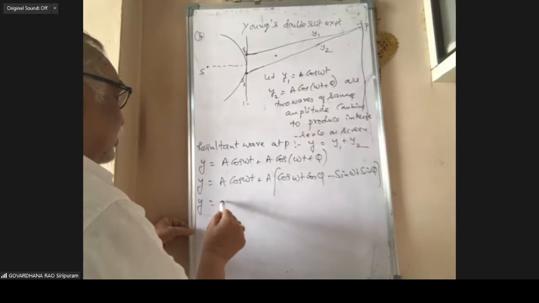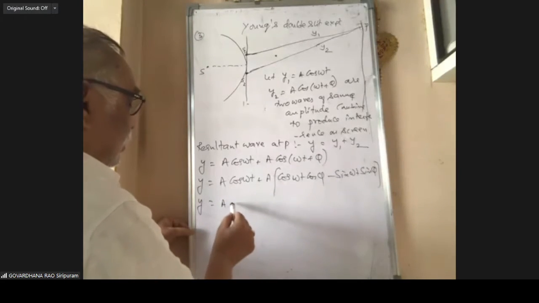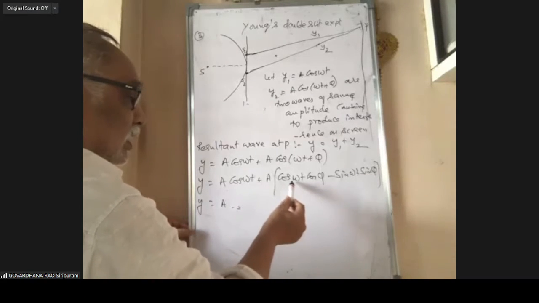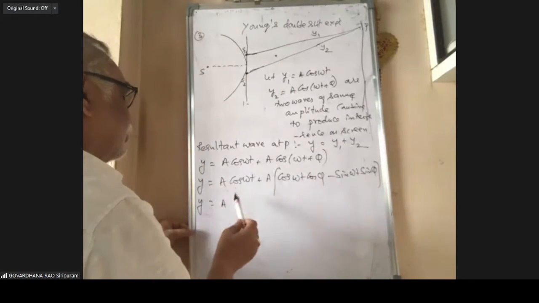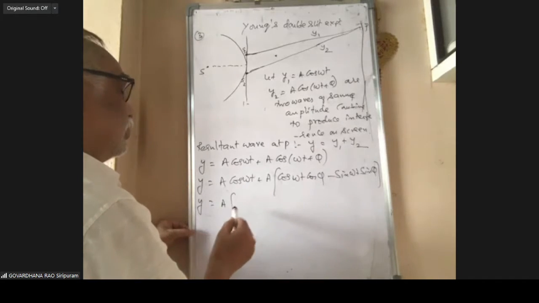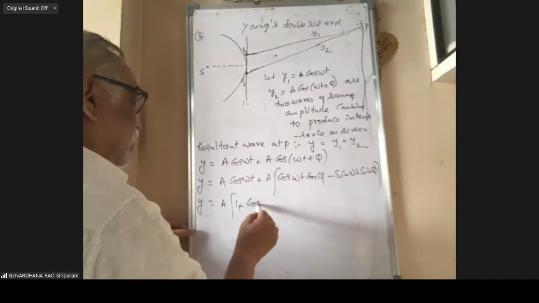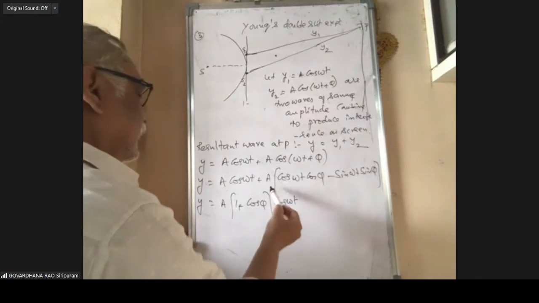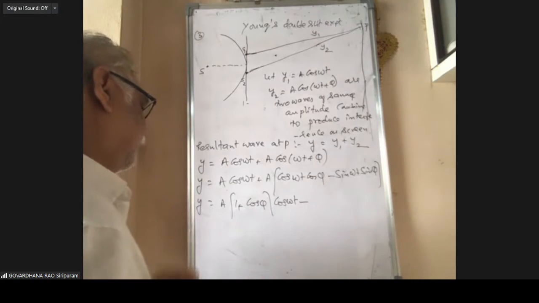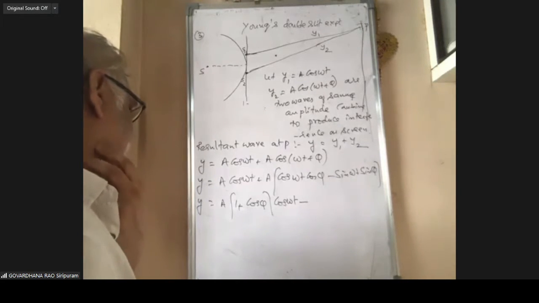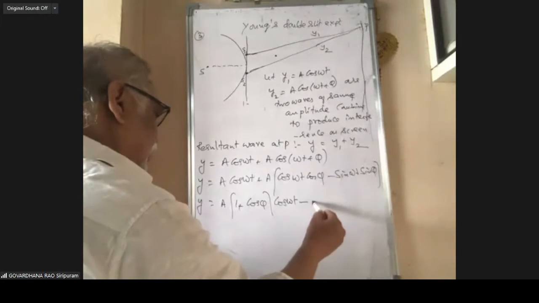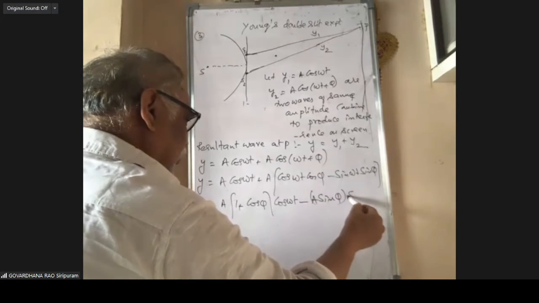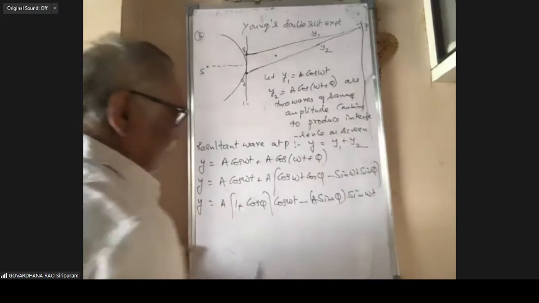So y equals, A cos omega t I am taking common, here cos omega t is there, so A into 1 plus cos phi into cos omega t. So remaining, minus A sin phi sin omega t. Good?